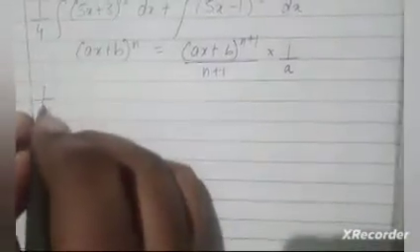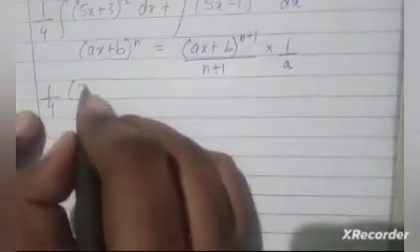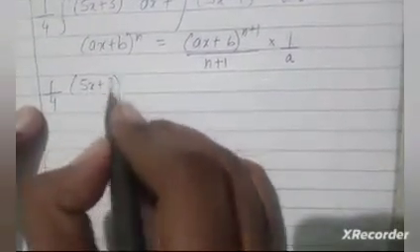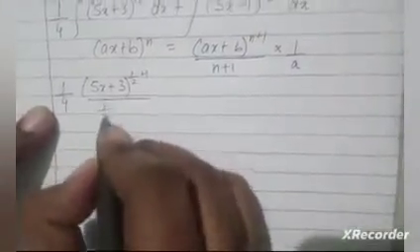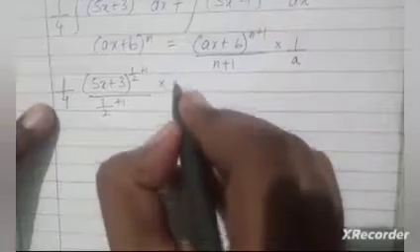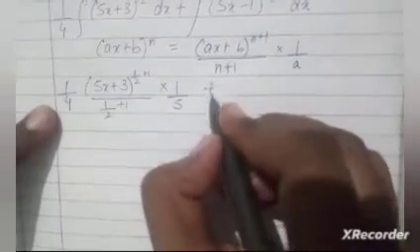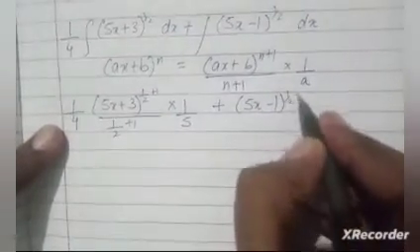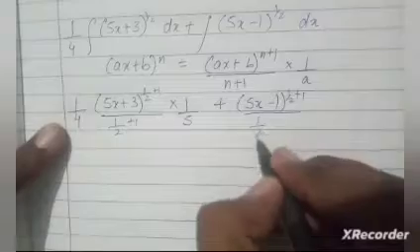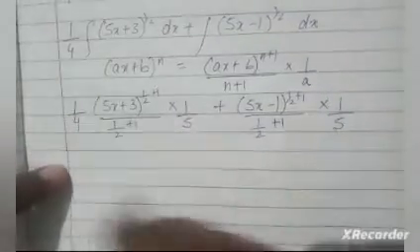So 1 by 4, comparing these two, we will get 5x plus 3 to the power 1 by 2 plus 1 divided by 1 by 2 plus 1 into 1 by 5. Same, plus 5x minus 1 raised to power 1 by 2 plus 1 divided by 1 by 2 plus 1 into 1 by 5.